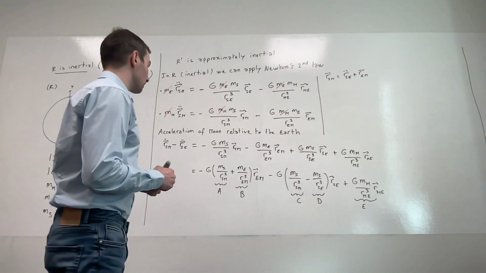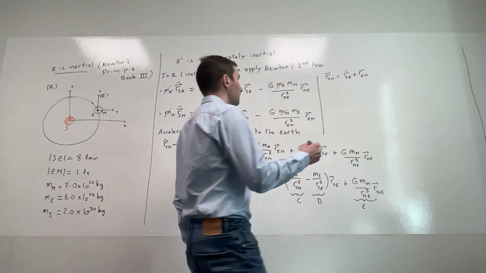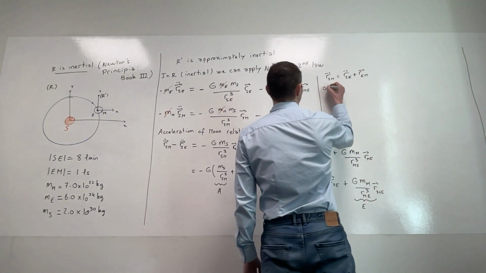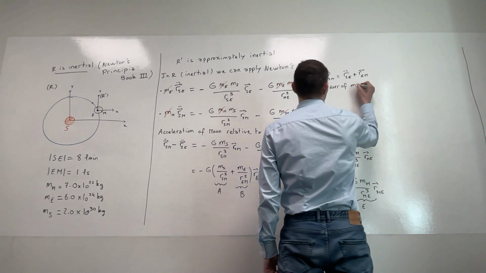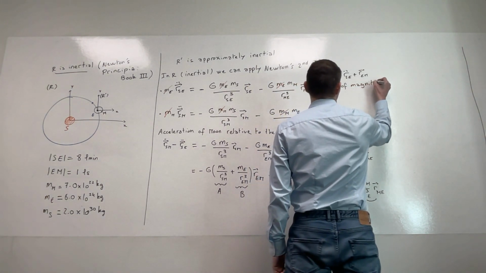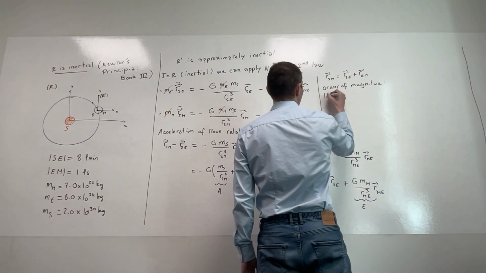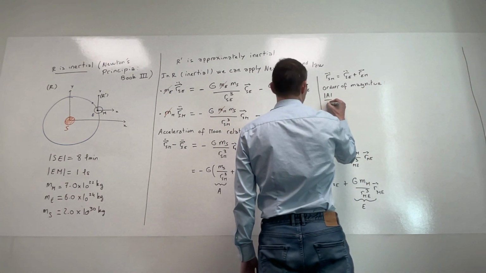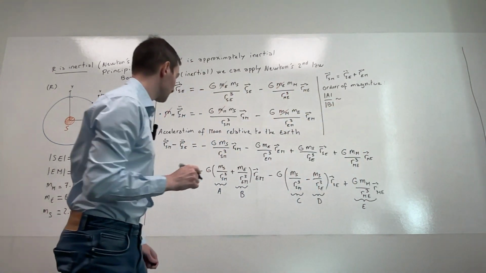So in the end, let's compare, for example, A with B. So here we are going to evaluate orders of magnitude. And we are going to start with the magnitude of A divided by the magnitude of B, and try to estimate what it is.